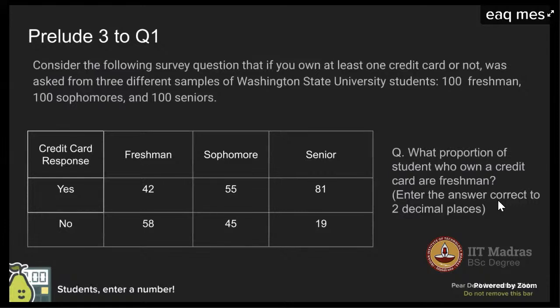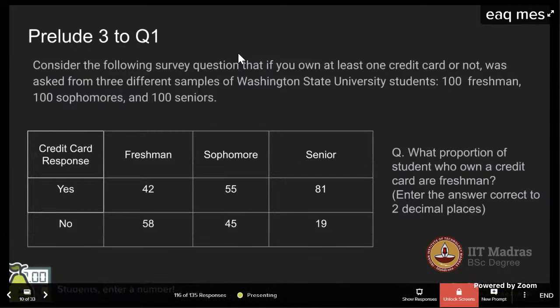Out of the total students, 42 by 300 is the number of freshmen who own a credit card. Right, sir? Yeah, that's what I did. That's why I'm asking you.